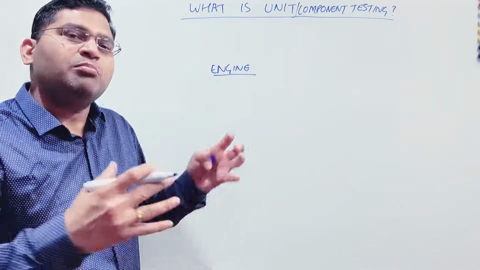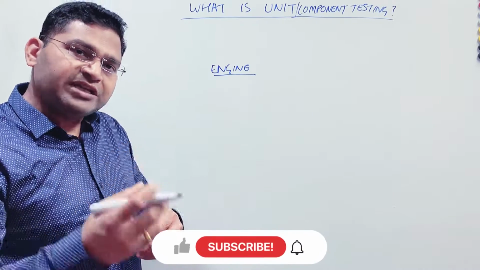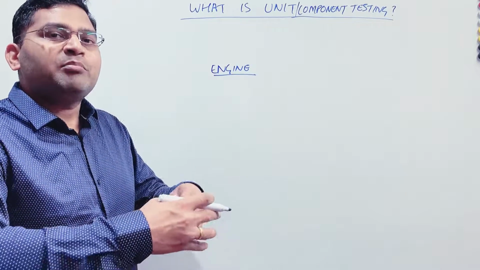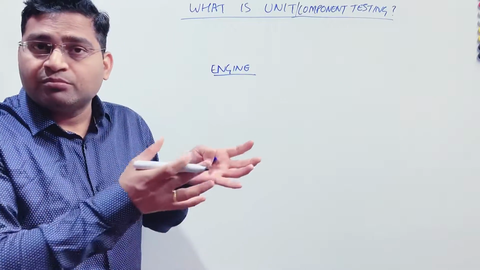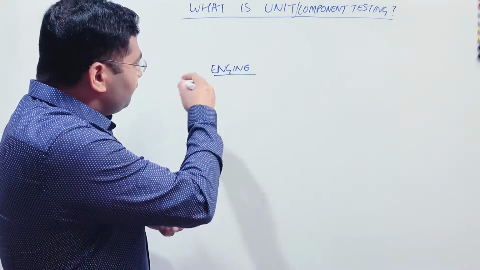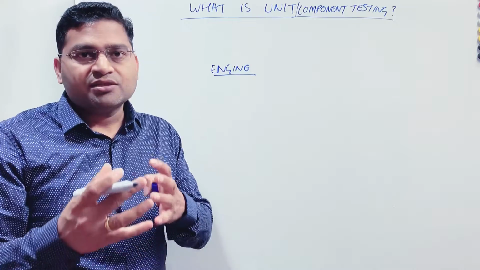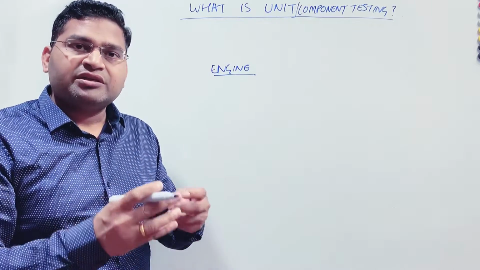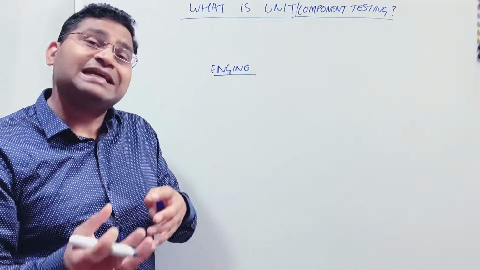It's basically a combination of lots and lots of parts. Very small items combine together and make the overall engine that is fitted into the car. So if we drill down the engine to the smallest unit of that engine, this is what is called a unit that can be tested independently.